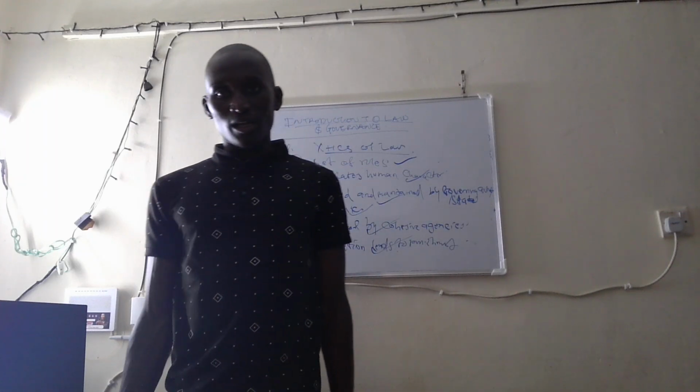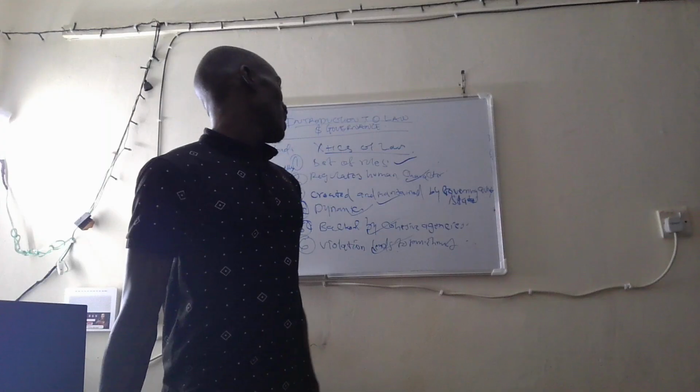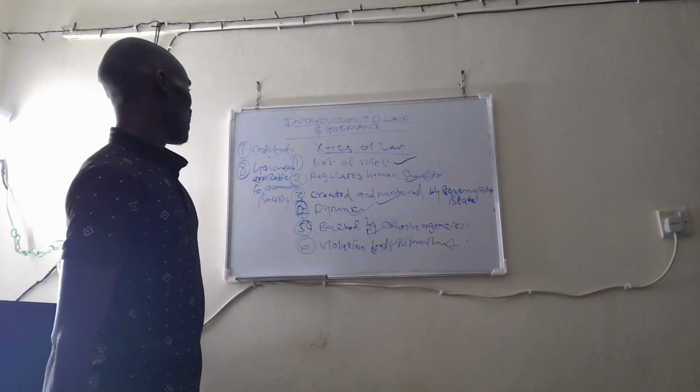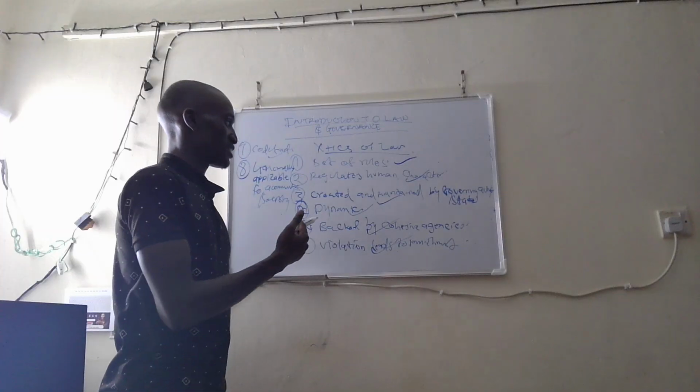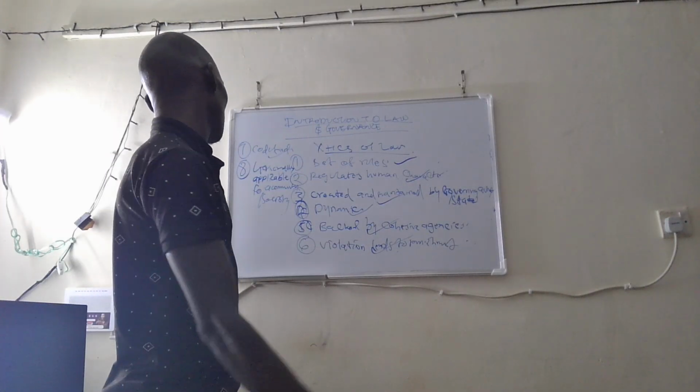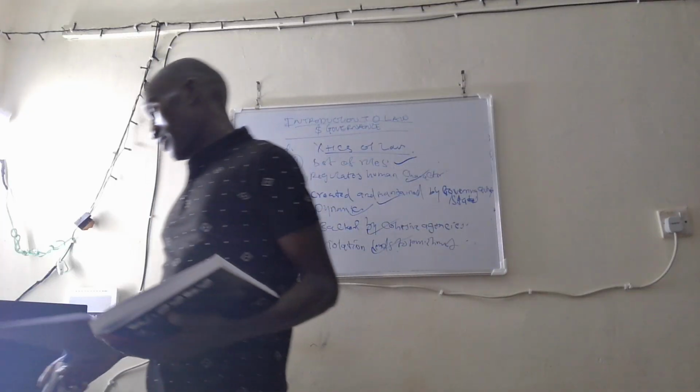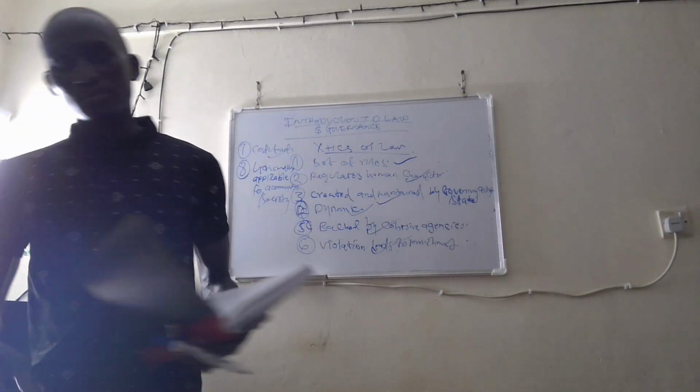Number five, violation of the law leads to punishment. Number six, it is dynamic. Number seven, it is created and maintained by the state. Then number eight is generally applicable to everyone in society. That is all about characteristics of law.